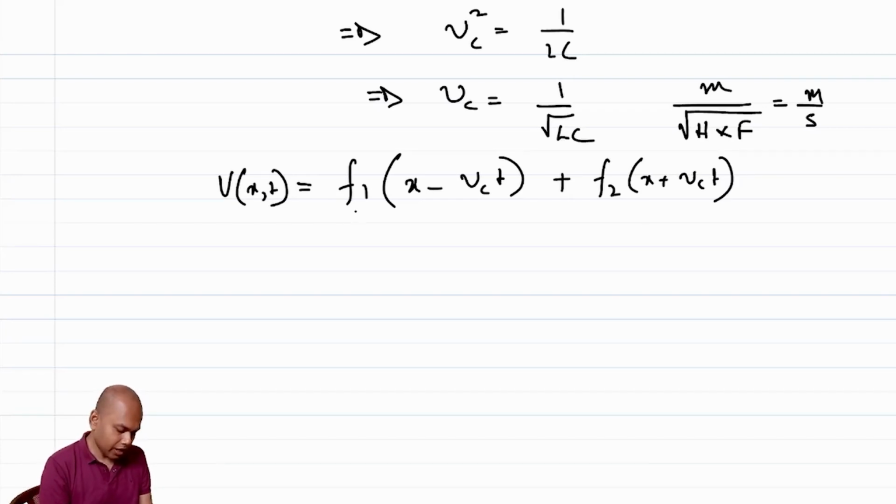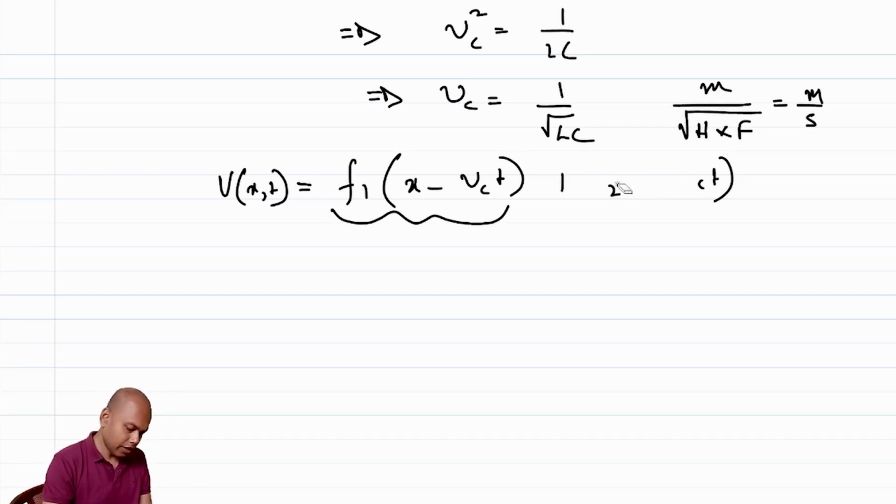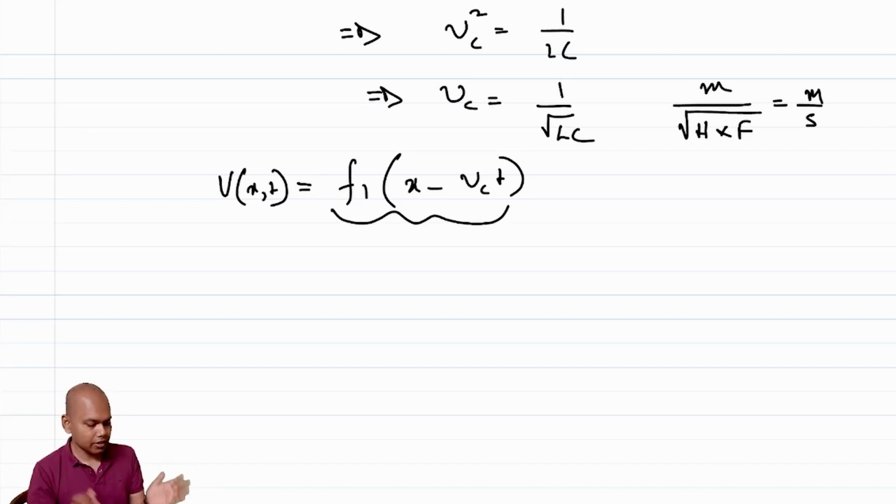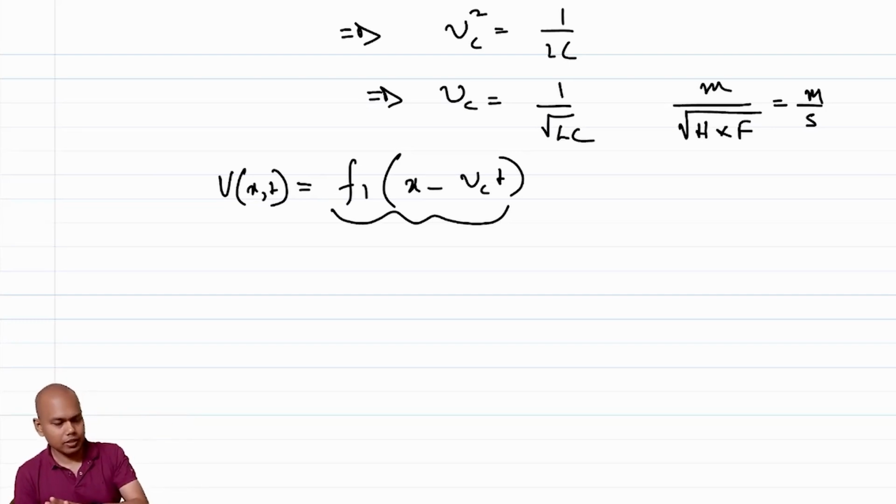So if I only concentrate on this term, let's forget about the other term for the time being, as we have been till now. What is this term telling us? This is a function with respect to x and t, that is the location on the line at any point of time. This function will help us get the value of the voltage at any point on the line at any time instant, right?